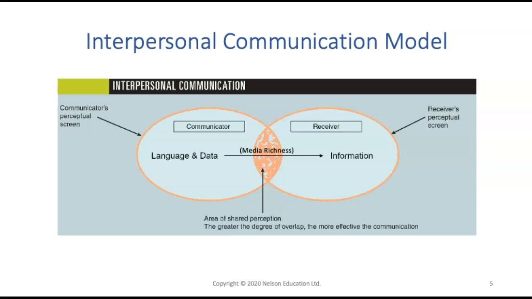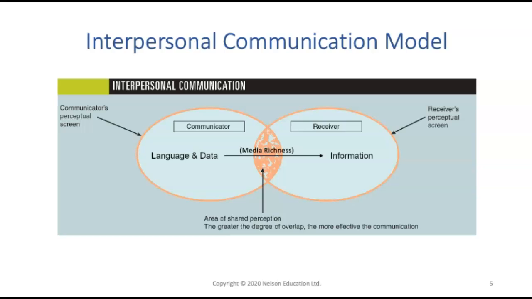And then you can look at mediums, and the medium is how is it being communicated? Face to face, which is considered a very rich way of communicating because you're getting not only the words, you're getting the facial expressions, maybe body language, you're getting tonality, all sorts of things that way.